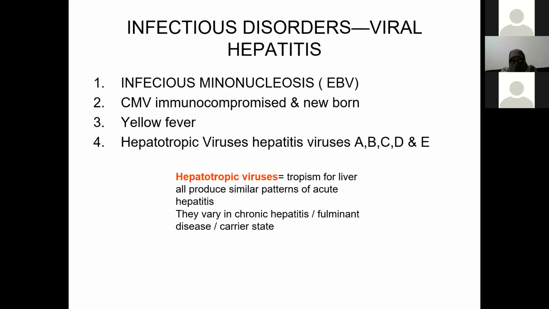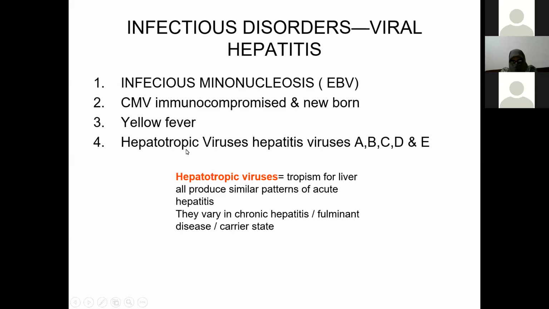These also affect the liver and can cause infectious hepatitis, but when we use the term hepatotropic viruses, like A, B, C, D, E, hepatotropism for liver means preference for liver. They primarily affect the liver.